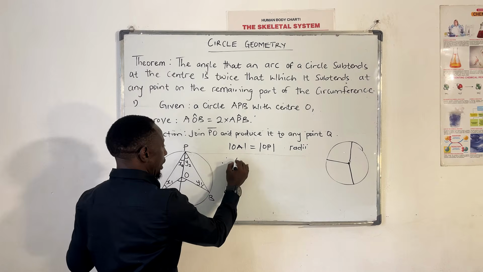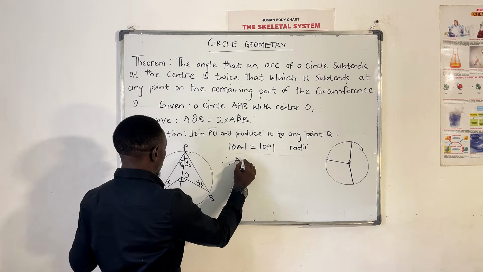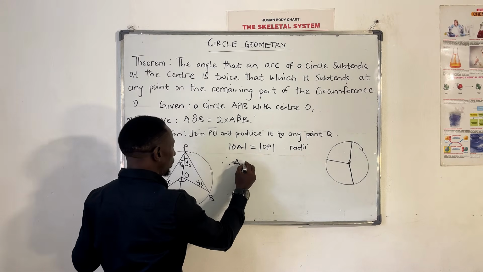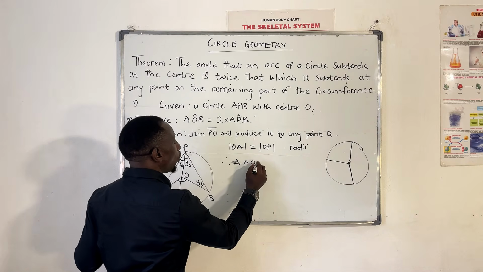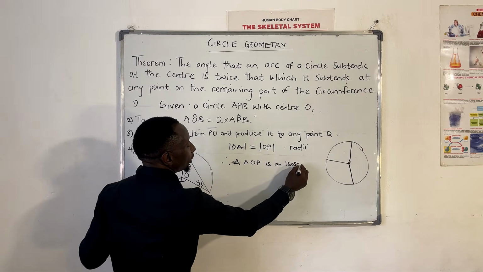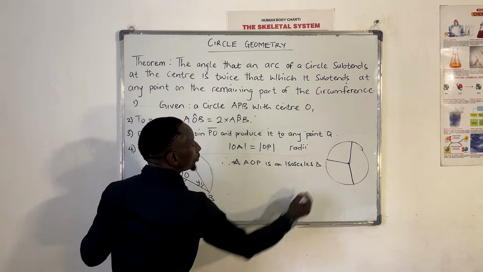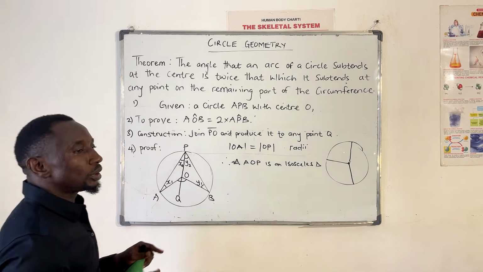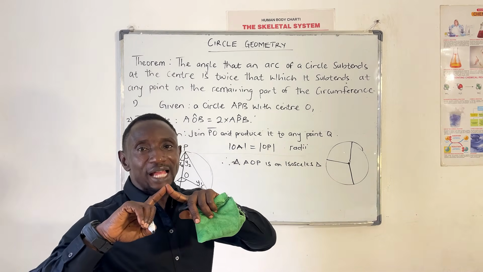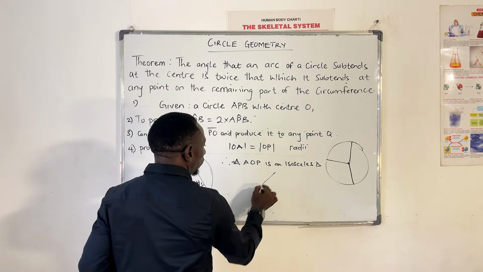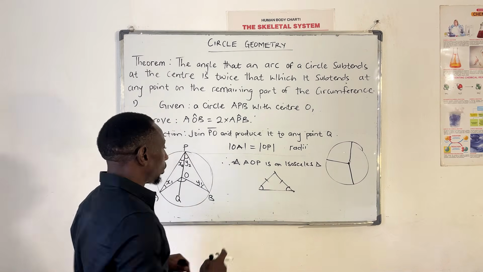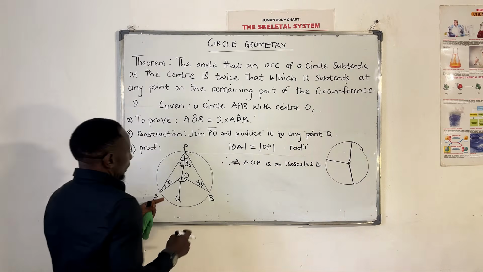So if they are equal, it means that triangle AOP is an isosceles triangle. An isosceles triangle is a triangle whereby two sides are equal. If two sides are equal in an isosceles triangle, it means the base angles are equal.